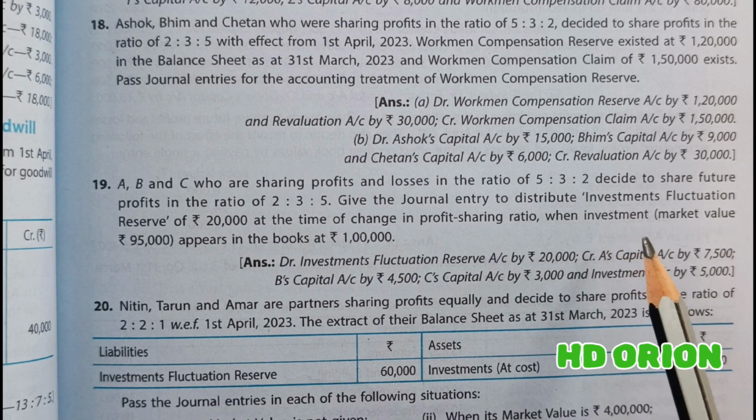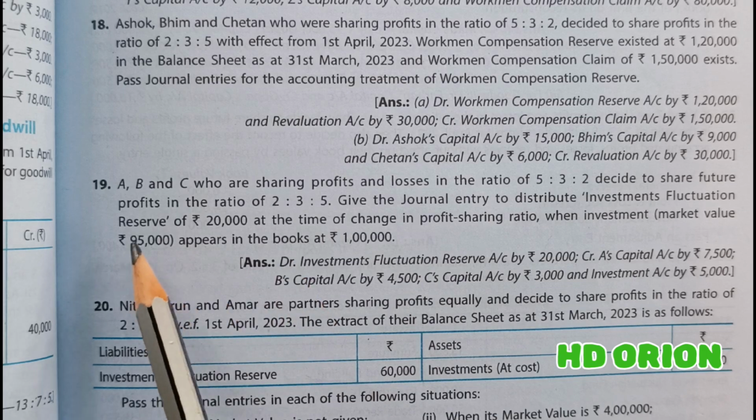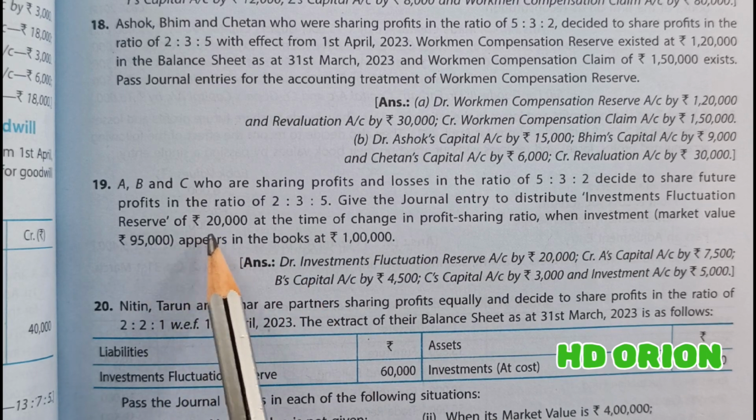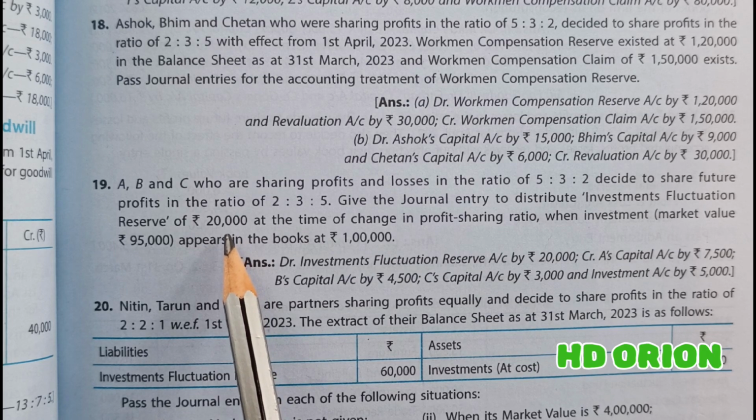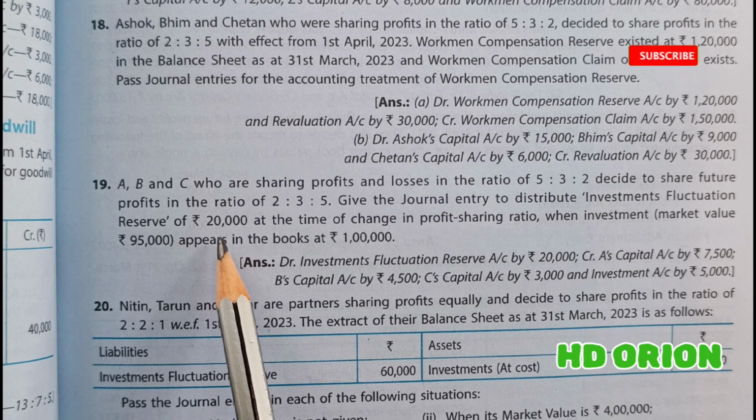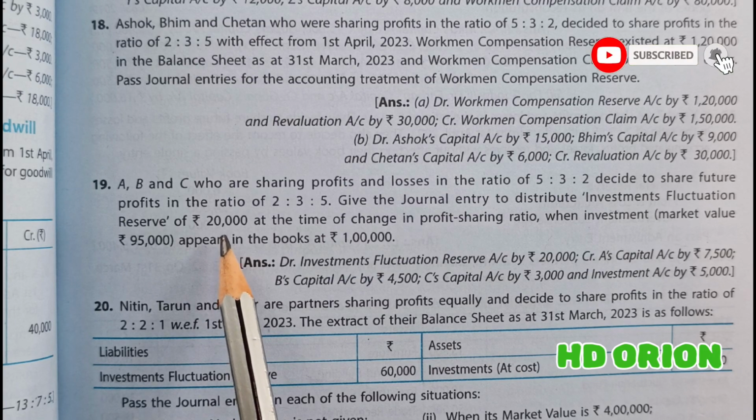Fine. So whenever the market price goes down, there is a loss to the firm, and this loss will be compensated by this reserve. In this reserve, there are 20,000 rupees. So up to 20,000 rupees, the losses of investments in the market can be absorbed.